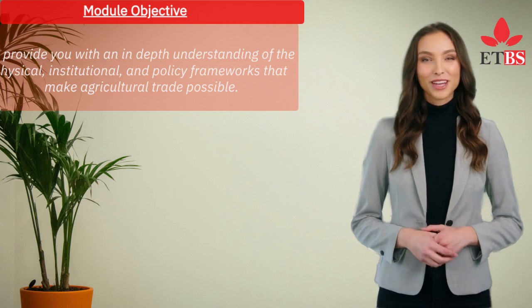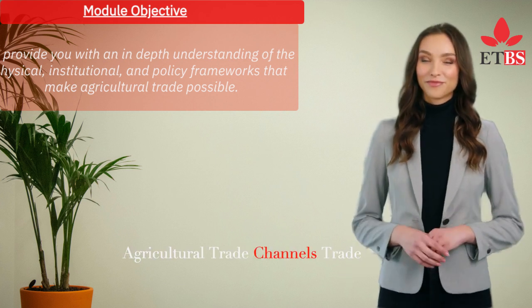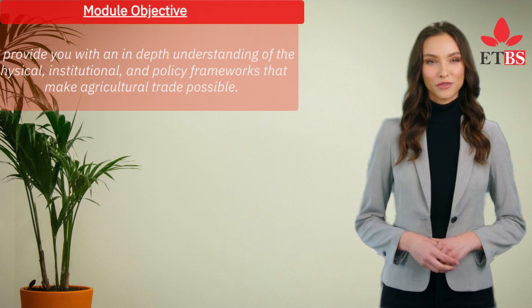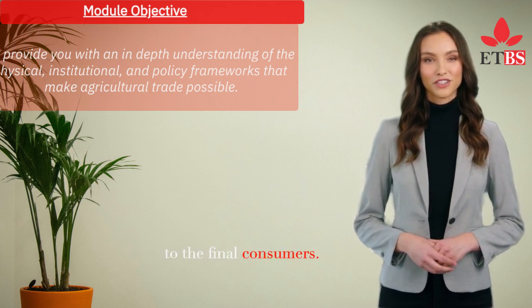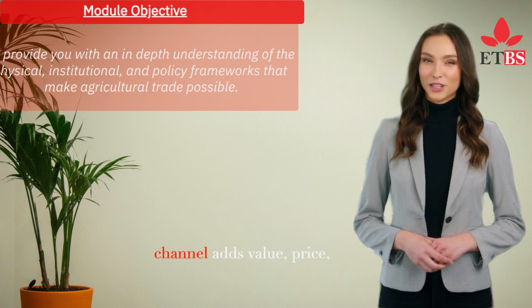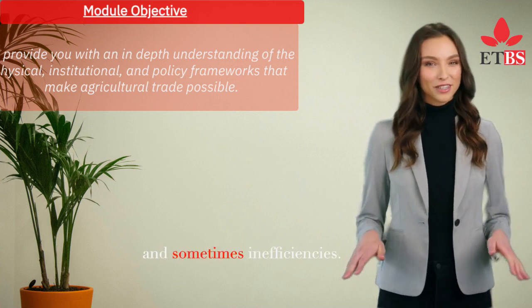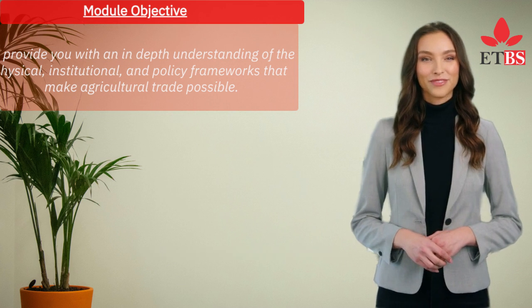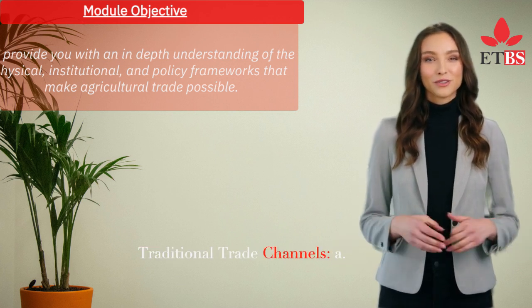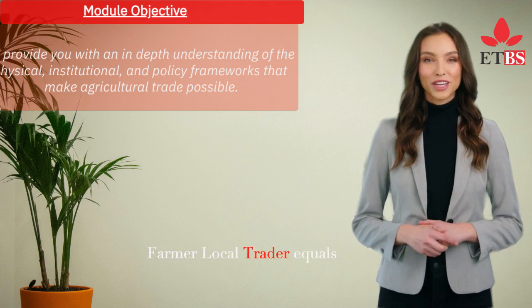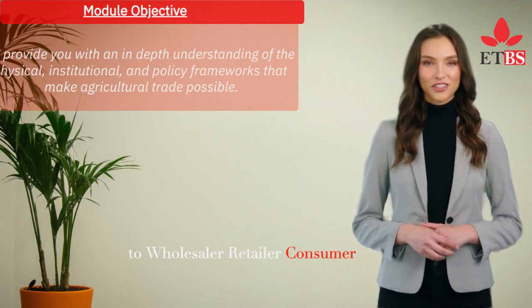III. Agricultural trade channels. Trade channels refer to the routes through which agricultural commodities pass from producers to the final consumers. Each level in the channel adds value, price, and sometimes inefficiencies. A. Types of trade channels. 1. Traditional trade channels: farmer, local trader, wholesaler, retailer, consumer.